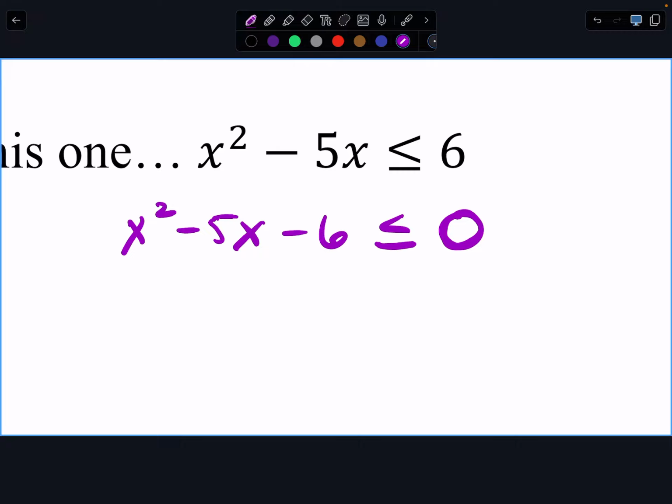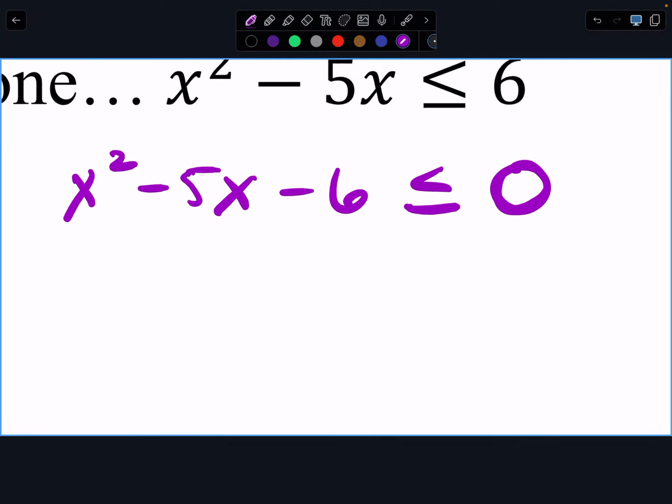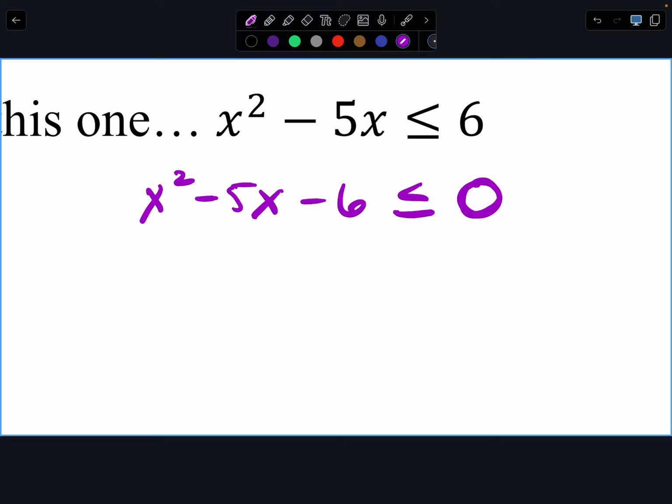And then we want to factor so that we can see what values would make the left-hand side 0. Because remember, those are the potential points where there would be a sign change. So what does this factor to? x minus 6, x plus 1.